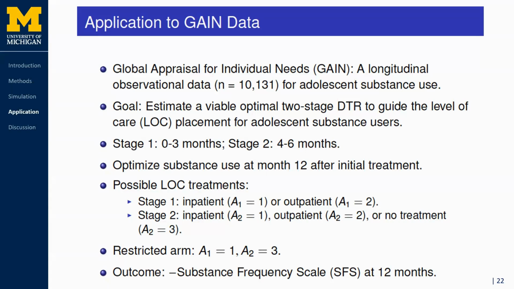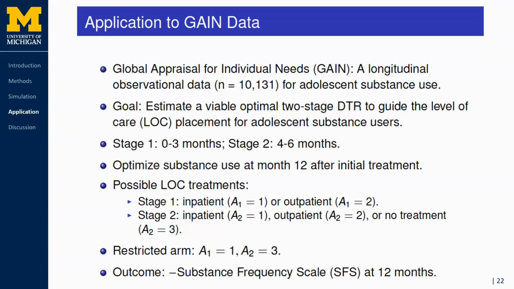And here are the possible choices for your treatment. For stage 1, you have inpatient treatment, A1 equal to 1, or A1 equal to 2 for outpatient. For stage 2, it could be inpatient, outpatient, or no treatment. And obviously, in this situation, they do not want it to happen that these kids are in inpatient treatment and suddenly at stage 2 have no treatment at all.